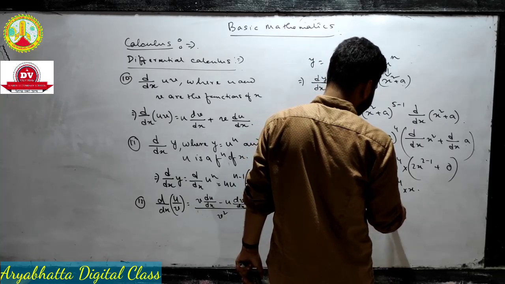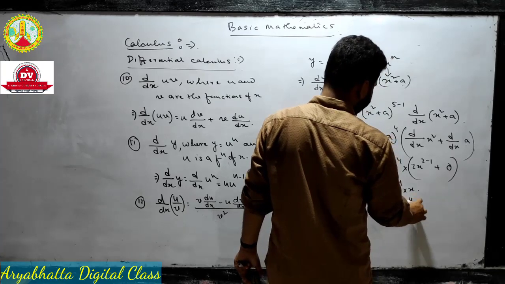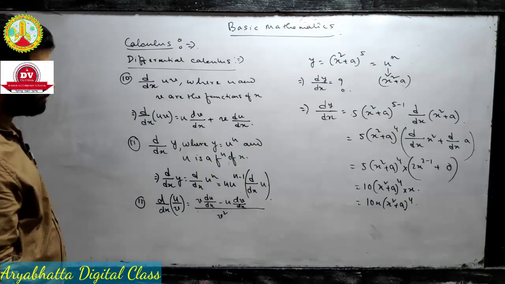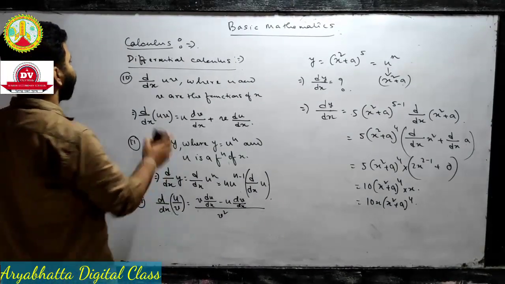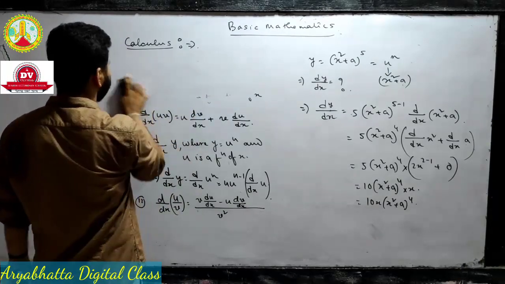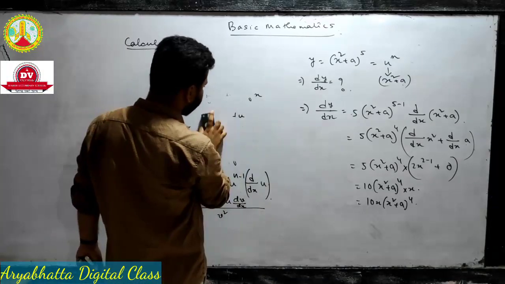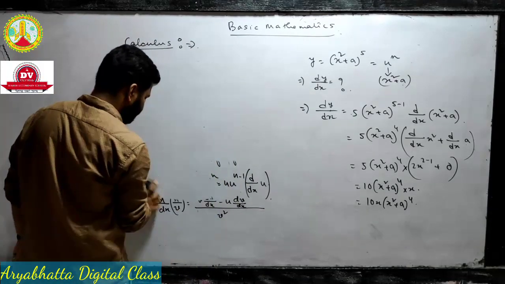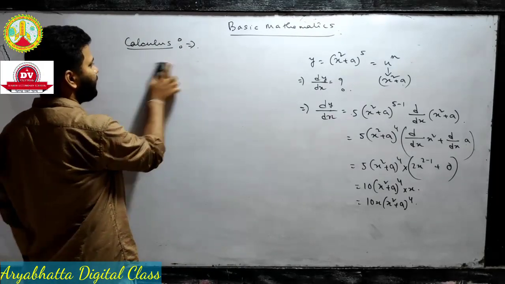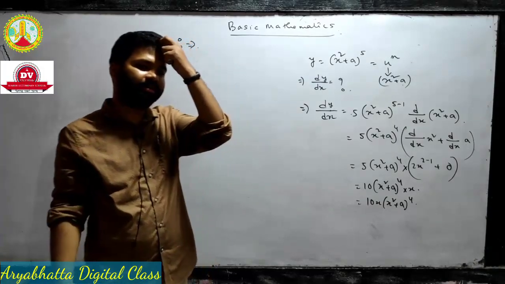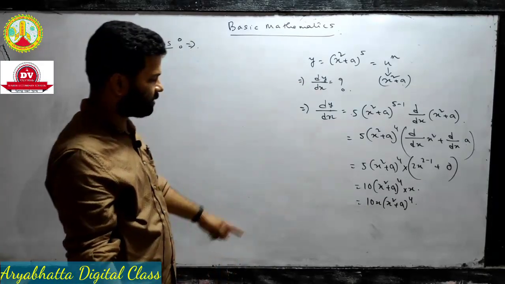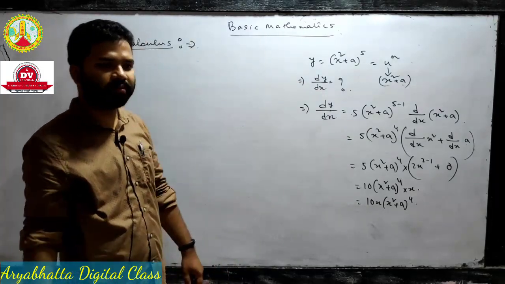So it will be 10x (x square plus a) to the power 4. Okay. So this is about differential calculus. When we do the problems from our textbook it will be clear to you, but you must remember the formulas. So try to remember all the formulas. The answer is 10x into (x square plus a) to the power 4.